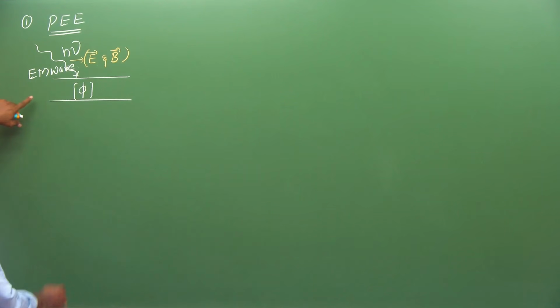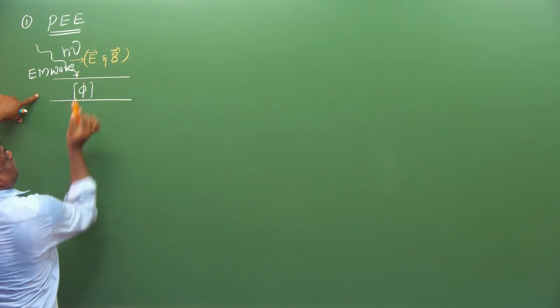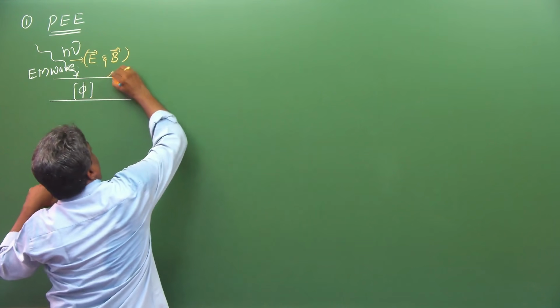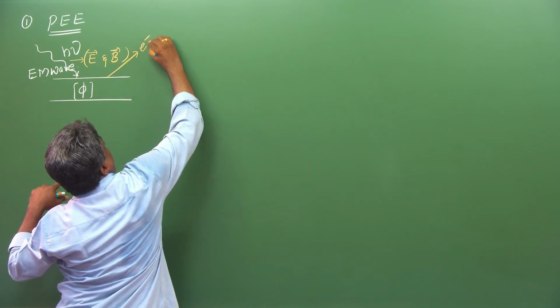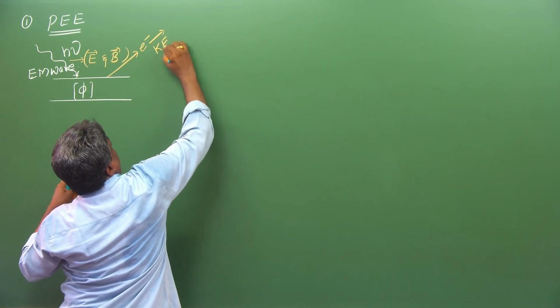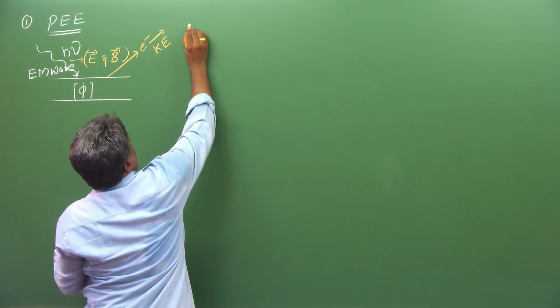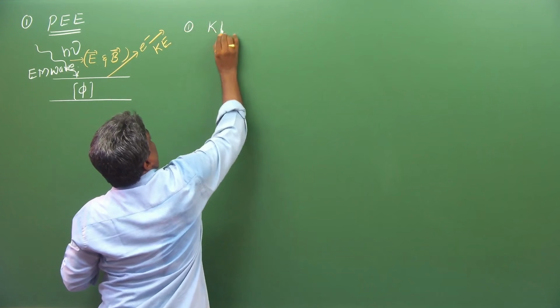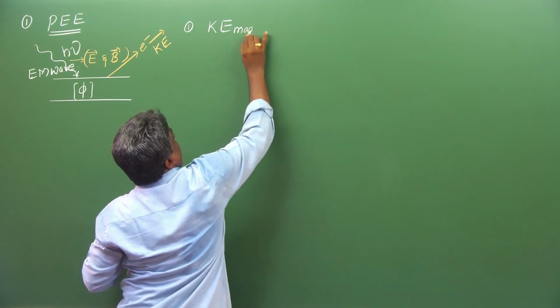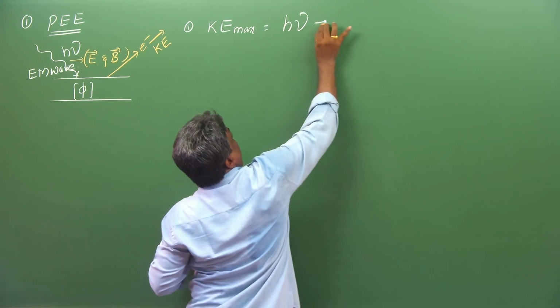Listen. So here we have electric and magnetic fields, and this is the electron emitted with some kinetic energy. What is the equation? KE max equals h nu minus phi.